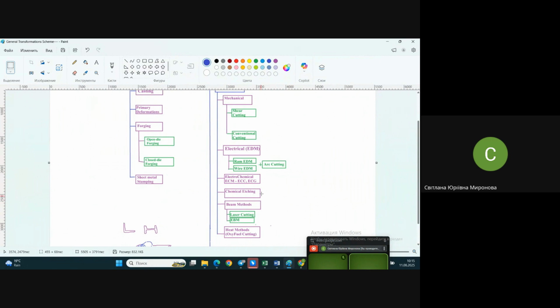But laser cutting is faster than wire EDM, but wire EDM leaves a bit of a spoiled surface, and some layer on the workpiece is spoiled by the heat. It's a zone changed by the heat. I hope you do remember inner structure.